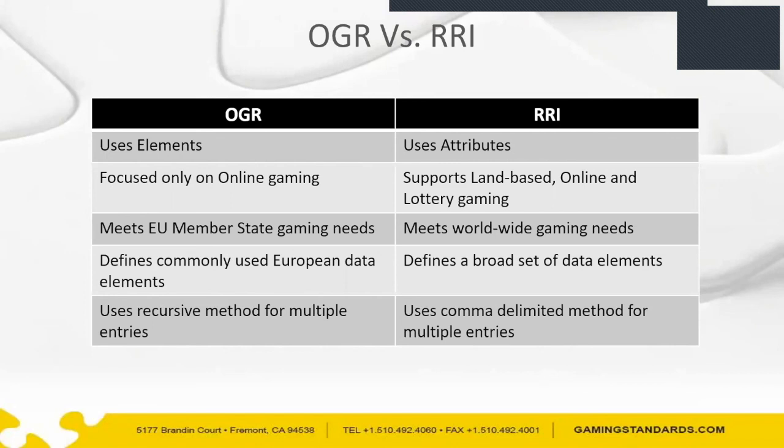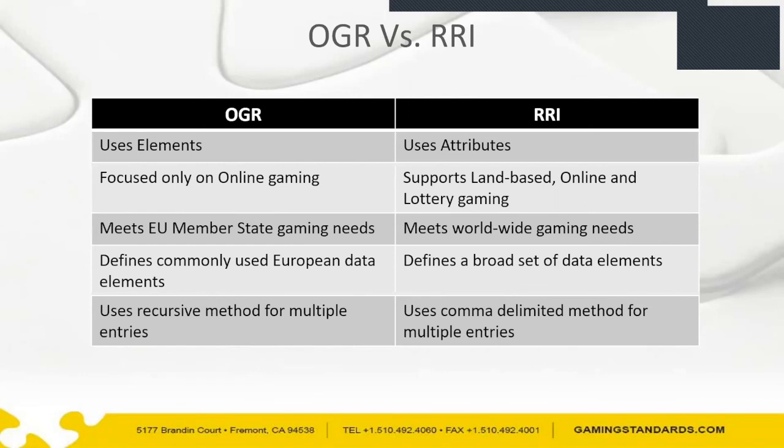For those of you that are familiar with XML, the difference is really minor. With elements, you have to specify the minimum occurrence and the maximum occurrence for all of them. With attributes, you use things like required or optional, and you only use min occurs or max occurs in some specific cases. Very minor change.